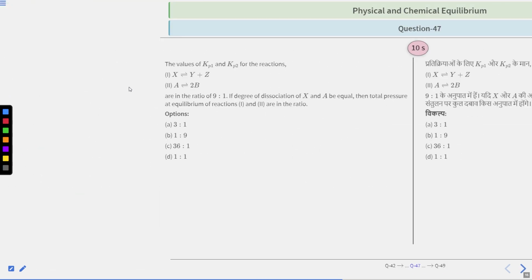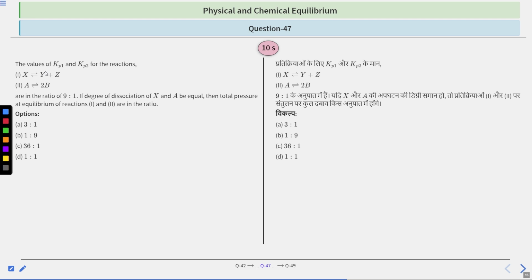Okay, let's see the next question, question number 47. The values for Kp1 and Kp2 for the first and second reactions, X dissociating into Y plus Z, and A giving 2B, are in the ratio of 9:1.